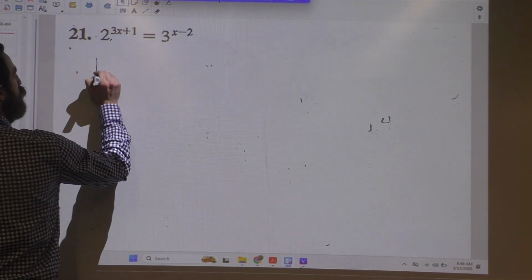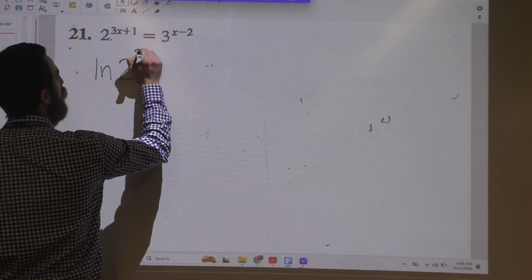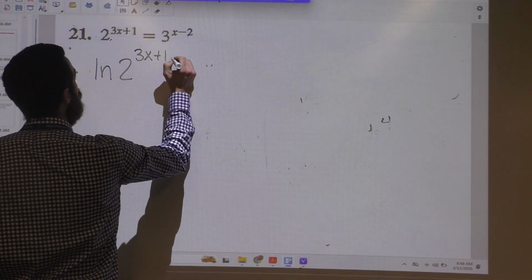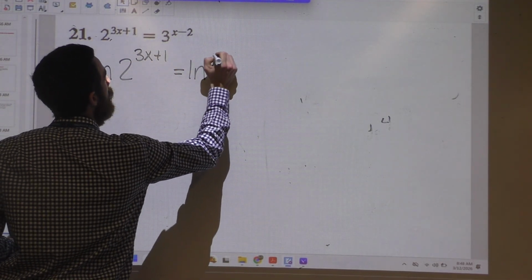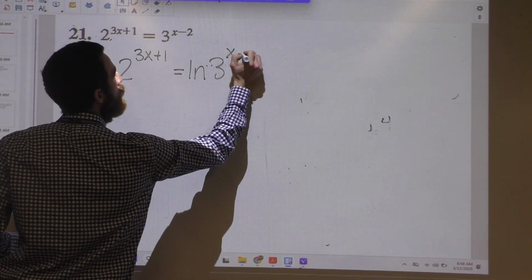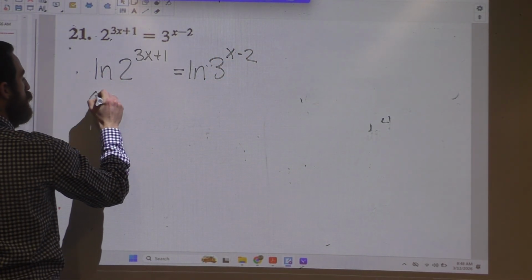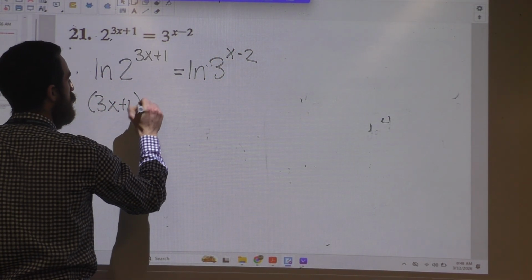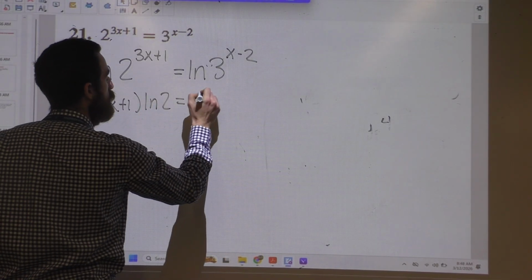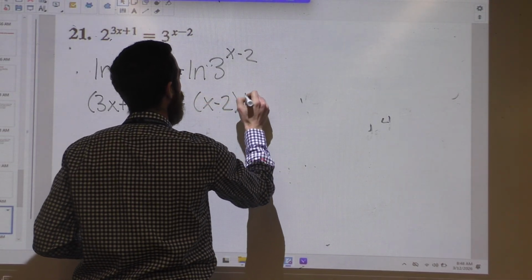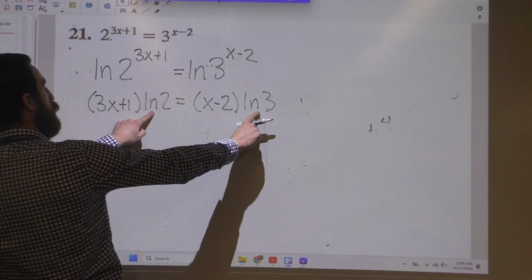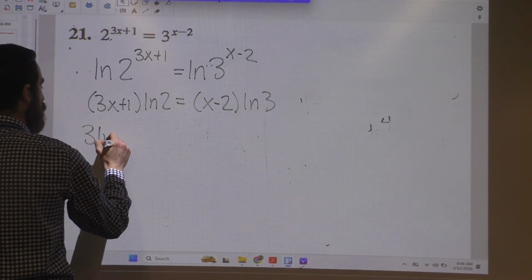We're going to take the natural log of both sides, not the log base either of the pre-existing bases. That's because I can use the same log rule: (3x plus 1) ln of 2 equals (x minus 2) ln of 3. Again, these are numbers.